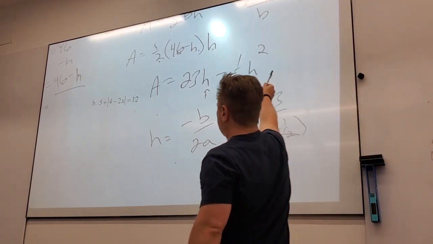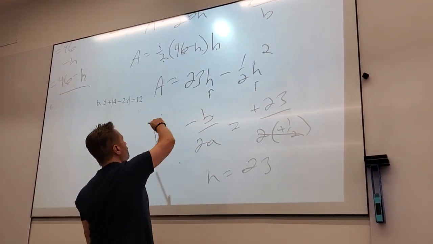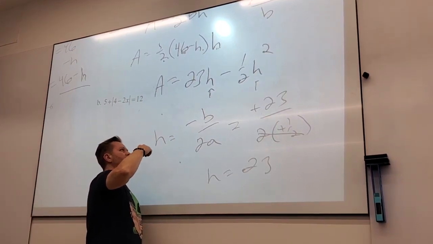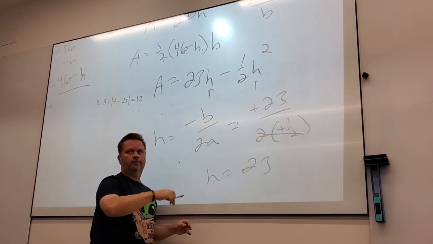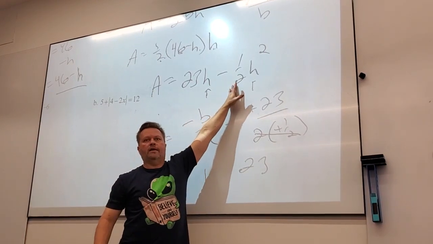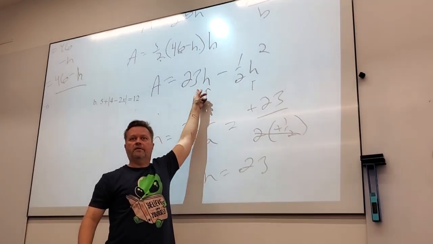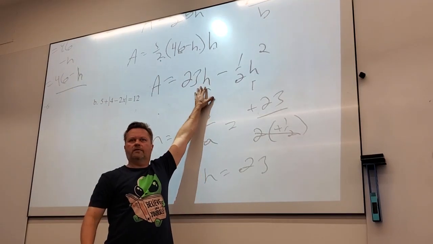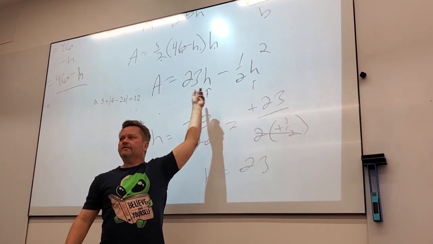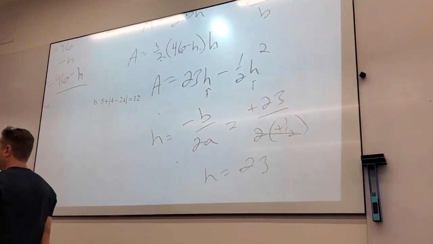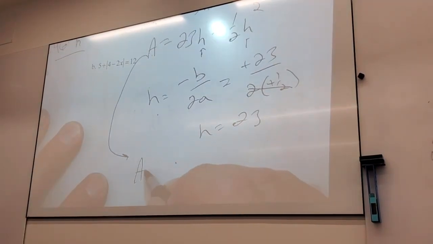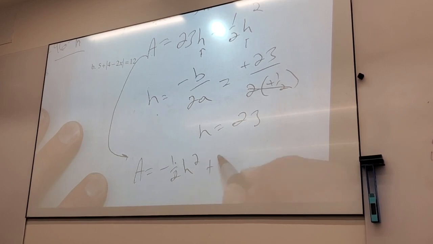Negative a half. That's a. What's the coefficient of the h term, the single letter? 23. That's b, right? I could write this like negative 1/2 h squared plus 23h. Yes?